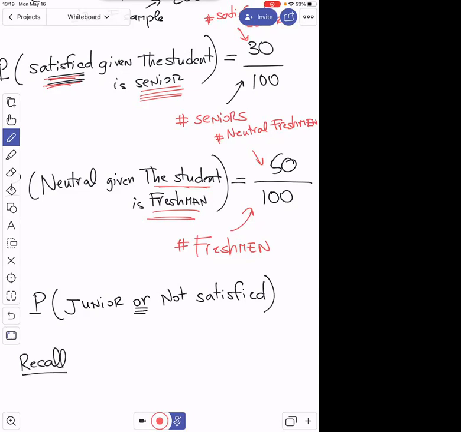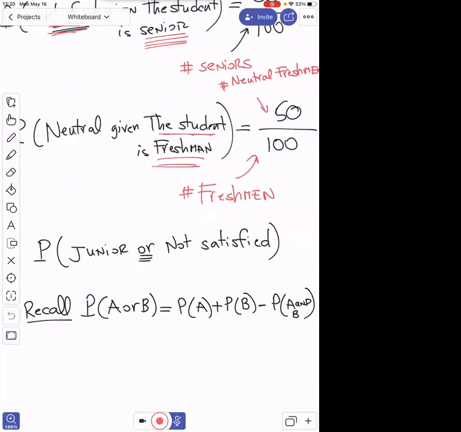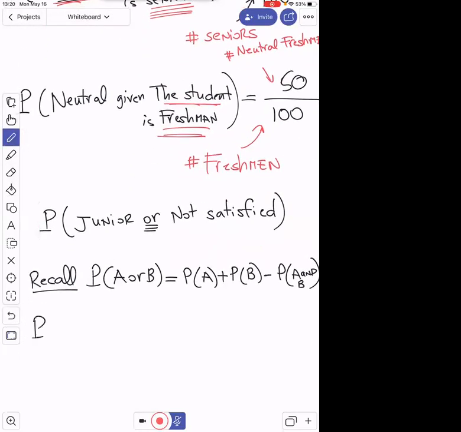Probability that A or B is the probability of A plus the probability of B minus the probability of A and B. So the formula for or is, I would say, the most complicated formula. So in our problem, this is junior or not satisfied.